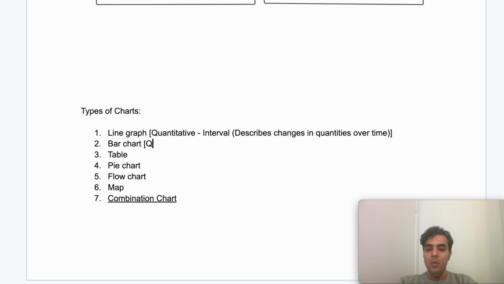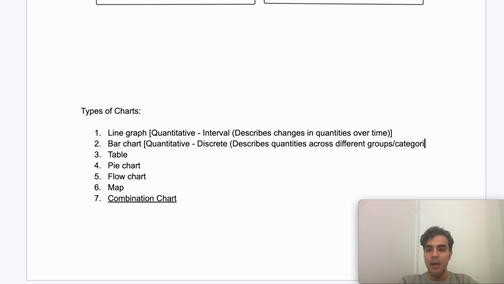Okay, there. Let's move on to the second category. So the bar chart, once again, it was quantitative in nature, but the difference was that this time the data seemed to be discrete, meaning it doesn't describe changes over time, but describes quantities across different groups or categories.